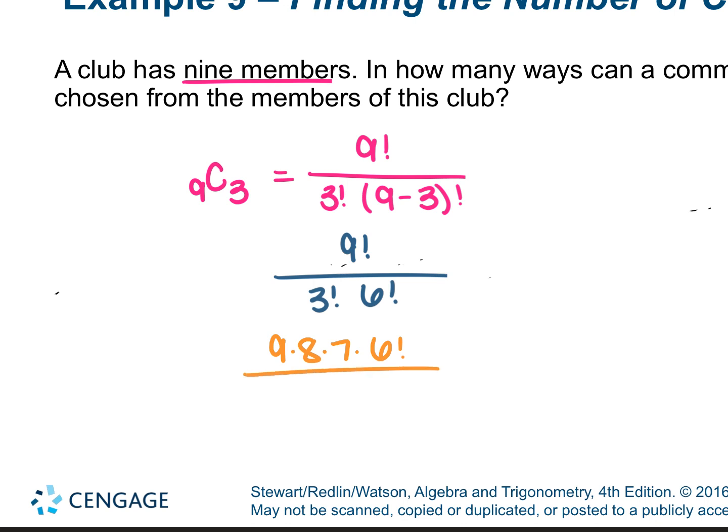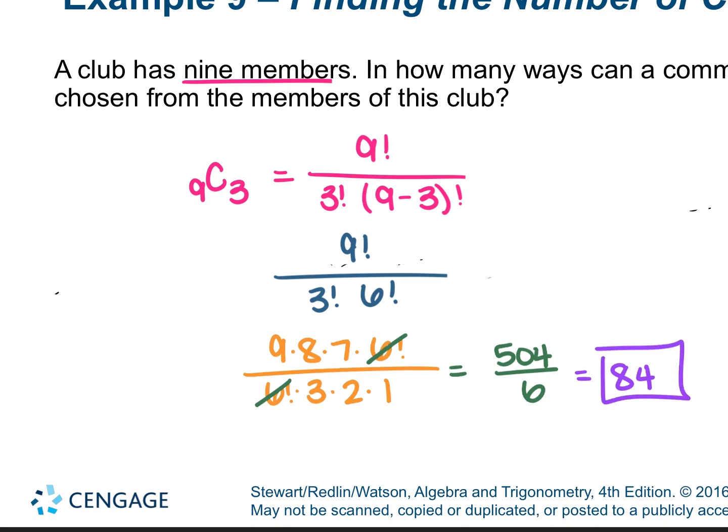The reason we're stopping at the 6 is because the bottom has the 6 factorial. On the bottom, you have the 3 times 2 times 1. So because the 6 factorials on the top and the bottom cancel out, the 9 times 8 times 7 gives us 504. And the 3 times 2 times 1 gives us 6. 6 goes into 504 84 times. So that's 84 ways that those 3 members can be chosen.